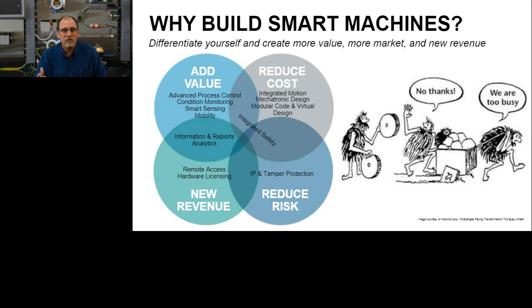Smart sensing is a huge piece of this, and you really need that smart sensing to try and figure out what's going on to possibly reduce downtime. And I'm telling you, reducing downtime is huge, because whenever your customer's equipment goes down, they're frustrated, and they correlate that to your equipment.